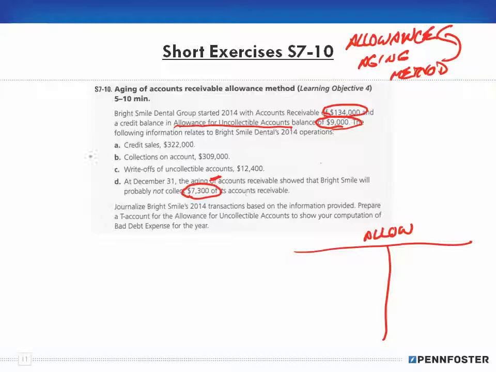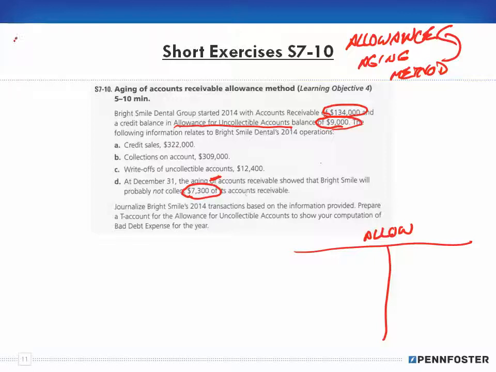When we're making a journal entry that you can't find in the textbook, you follow the procedure that I had posted in a couple of videos on how to make journal entries underneath the financial accounting section of the business group page. So we have credit sales here.